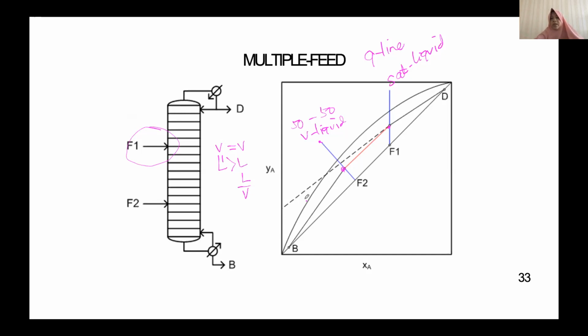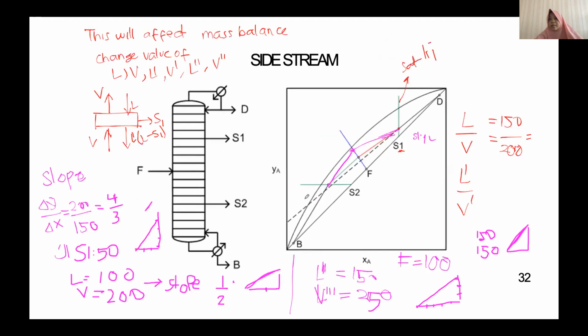What happens to the quality of the bottom, for example, if the tray is the same? So this is a typical question in the problem solving.